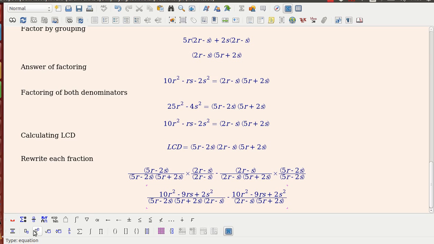Okay, and I forgot to write the LCD. Remember to write the LCD as a common denominator.